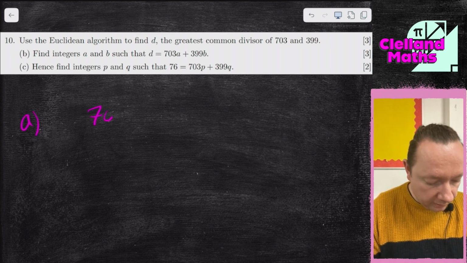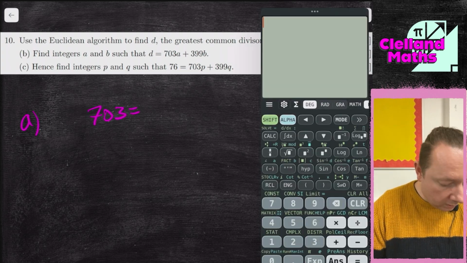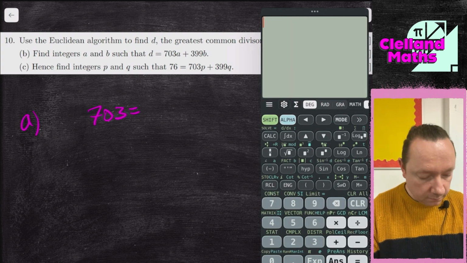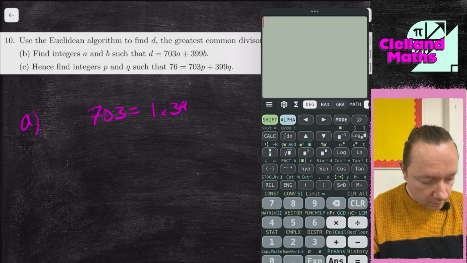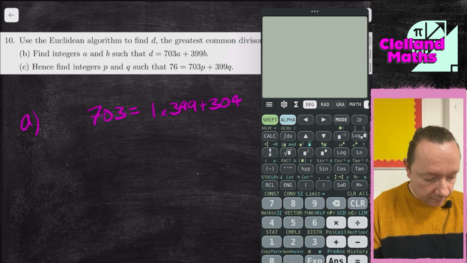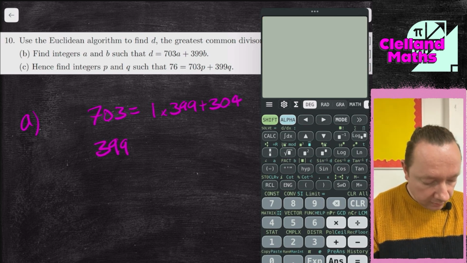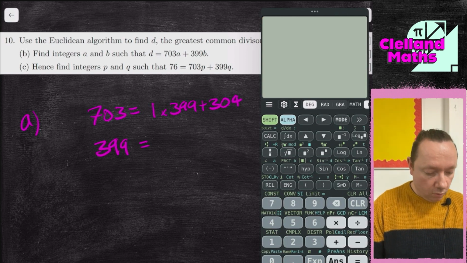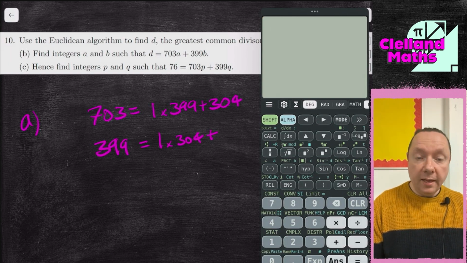So 703 equals 1 times 399 plus 304. So then we take our 399. 399 divided by 304 equals 1 times 304 plus 95.